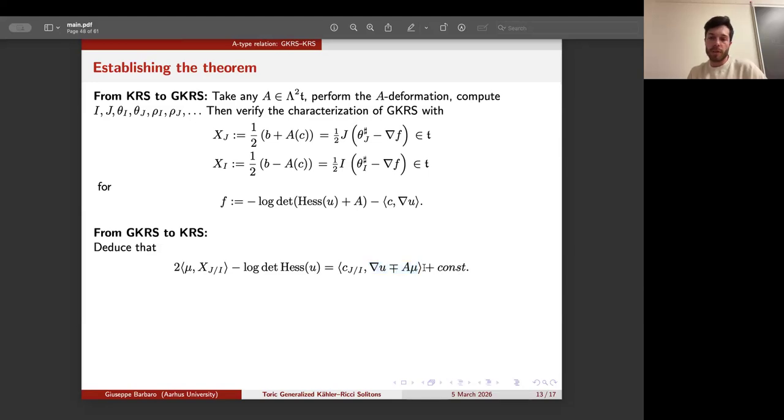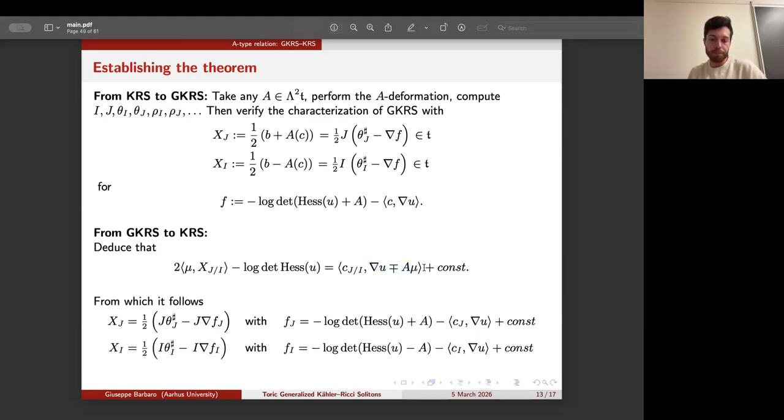Okay, so once you have this, you check that these equations hold. And now the point is, see here, we proved this one with fj for this, and fi for a particular fi, but you know already that here you could put just half in both of them, and you would get the same vector field.